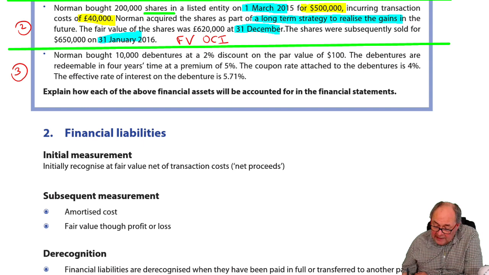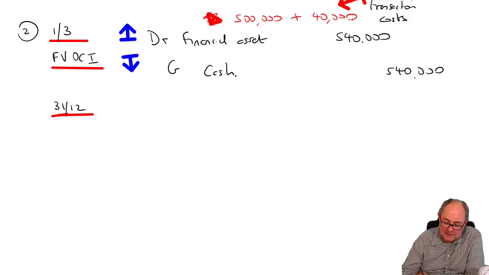The price has gone up to 620,000. So that is an increase, isn't it? And again, it's a gain in OCI. The new carrying amount is therefore 620.